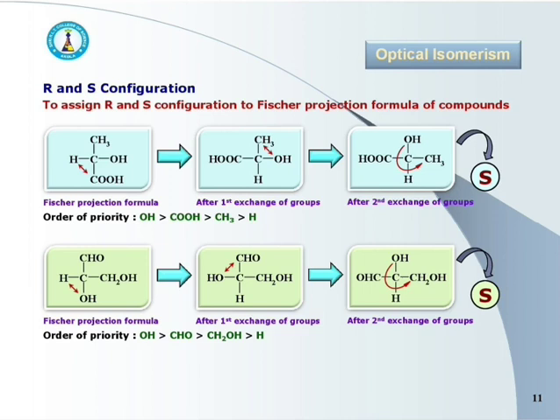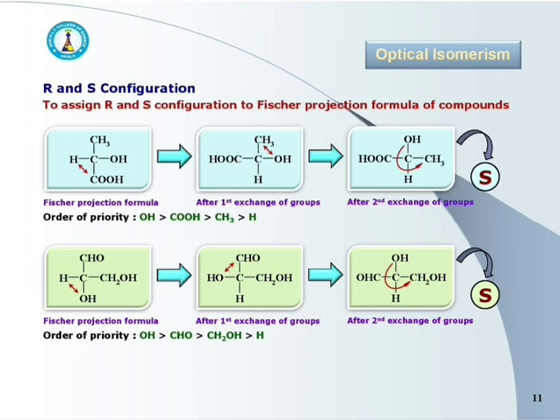Here, after carrying out the two exchanges between pairs of groups, in the last structure obtained the decrease in priority of groups is in an anti-clockwise direction. So again it is the S isomer. Just see the last structure. Here the decrease in priority of groups is in an anti-clockwise direction. It is the S isomer.